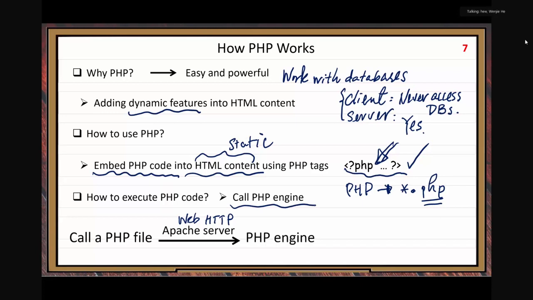How does the PHP engine do the processing? Very simple. The engine goes through all the lines inside the PHP file and interprets them. The engine uses the interpretation way, not the compiled way: interpret and execute.